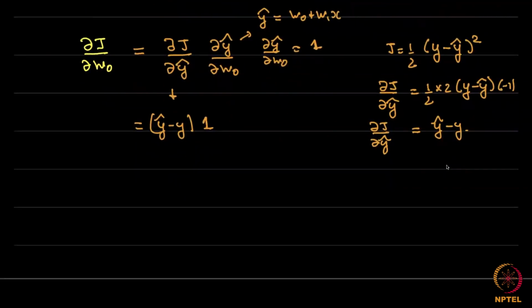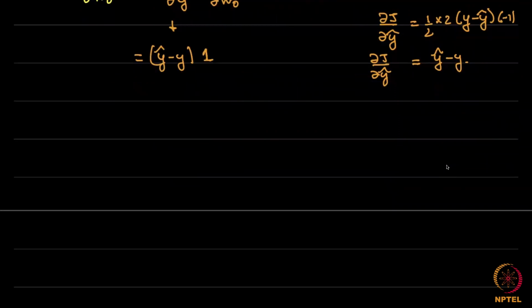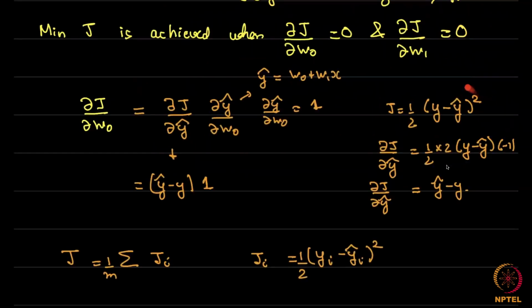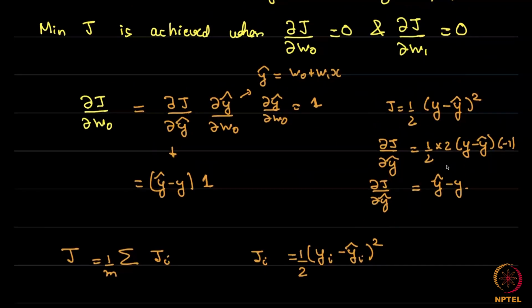Another way of looking at this is like this. Okay. So suppose J equal to summation of 1 over m J_i, where J_i is half of (y_i minus y hat_i) squared. All I have done, if you compare the expression here and here, is I have just added a subscript, and the summation is moved here.